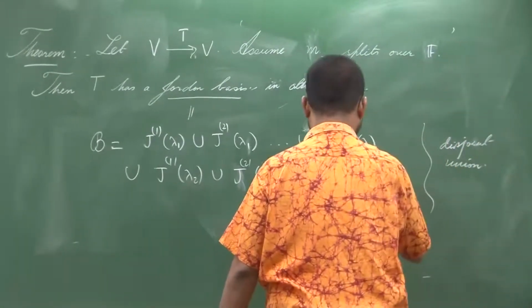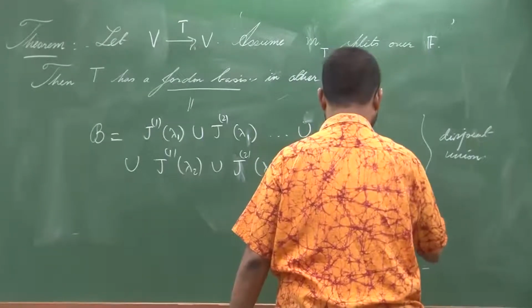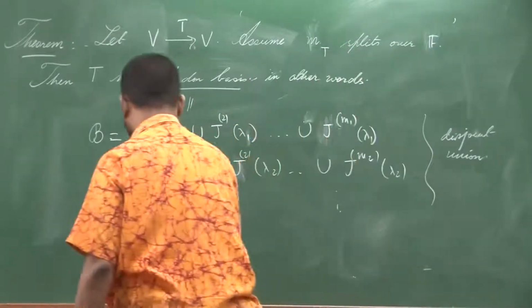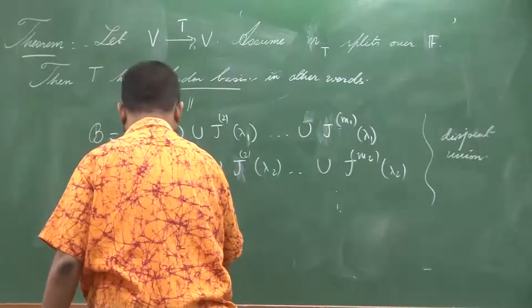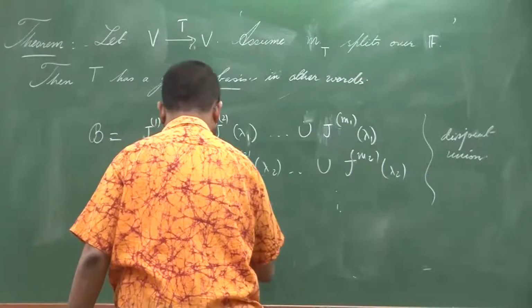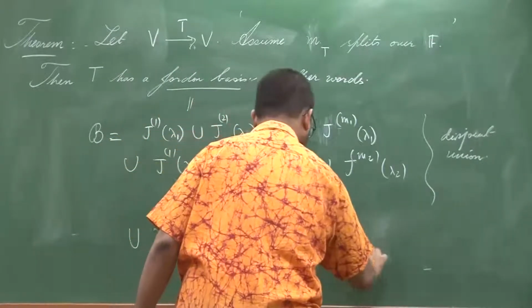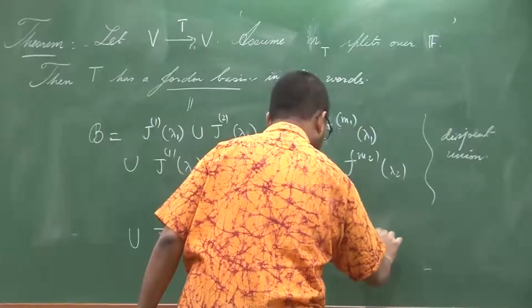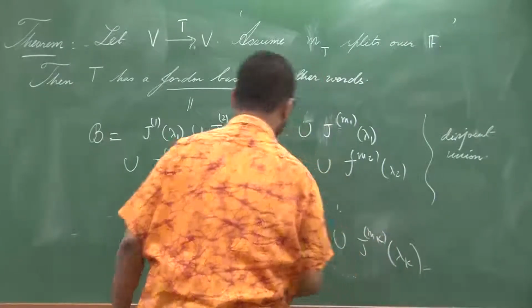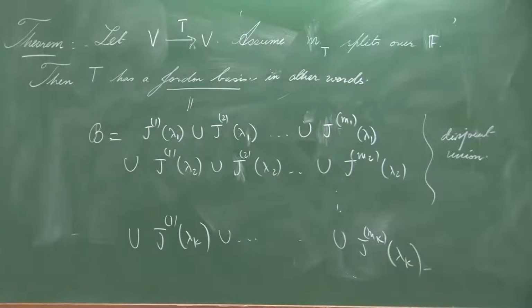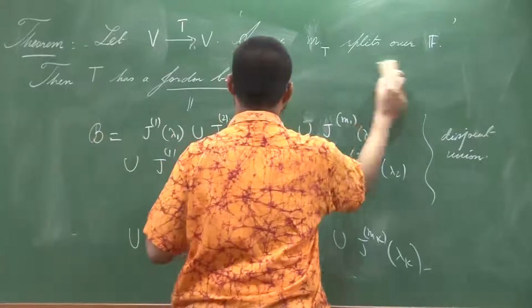Then m2 for lambda 2, and so on. So that is a basis of this form.